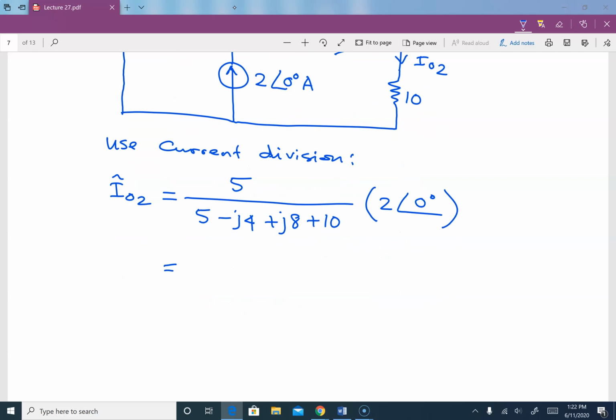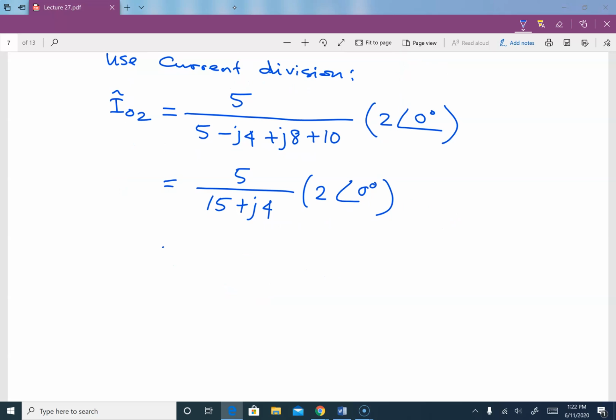So this is equal to 5 divided by 15 plus J4 times 2 with angle 0, which is equal to 0.623 minus J 0.166 ampere.